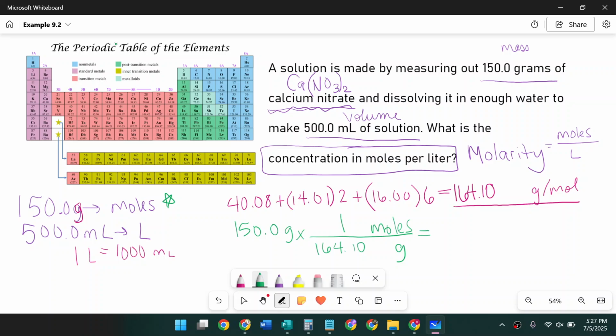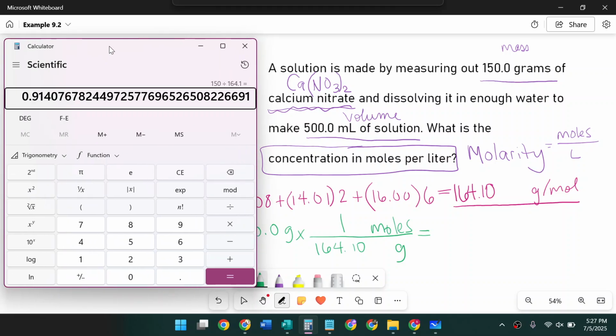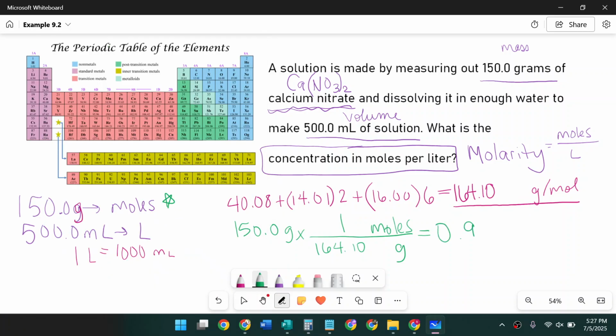And we're multiplying, so now we care about the number of significant figures, which in this case is 4 because of the 150.0, divided by 164.1. All right, so in this case we have 0.9141, and that is moles because our grams canceled.